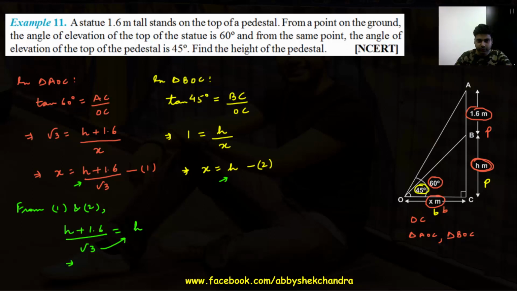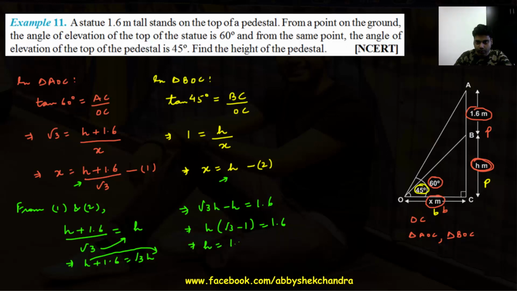So this will give H plus 1.6 equal to root 3H. Now take this H to the other side. That will give you root 3H minus H equal to 1.6, or take H common, H times root 3 minus 1 equal to 1.6. So H will be equal to 1.6 divided by root 3 minus 1.